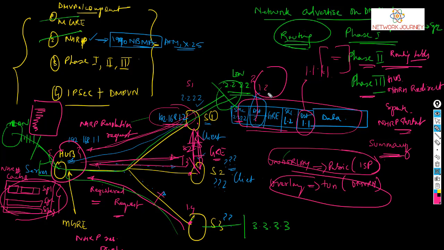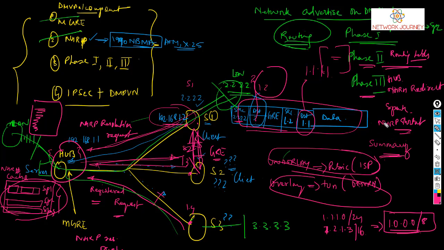You cannot minimize this. Summarization is, for example, if I have 1.1.1.0/24 and 1.2.1.0/24, we just summarize them like 1.0.0.0/16. So this summarization is not possible in phase 2, but it is possible in phase 3.